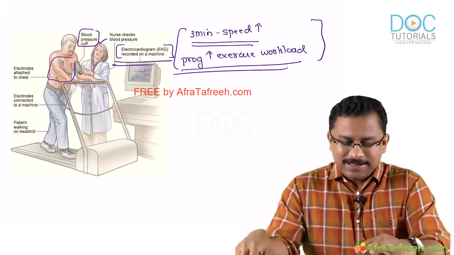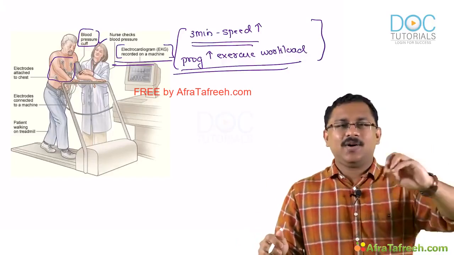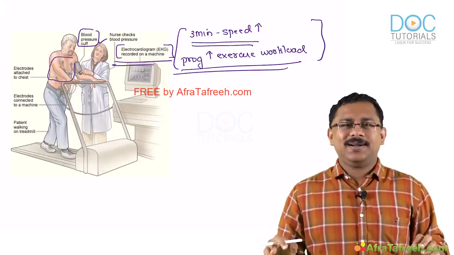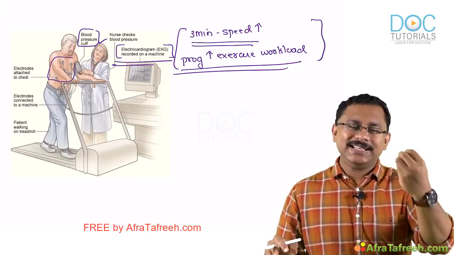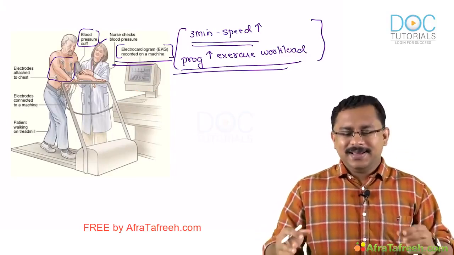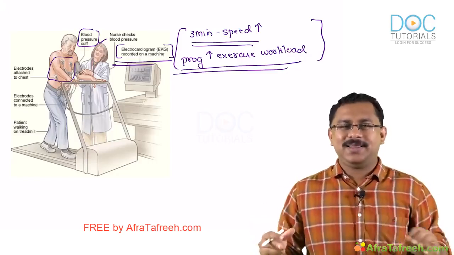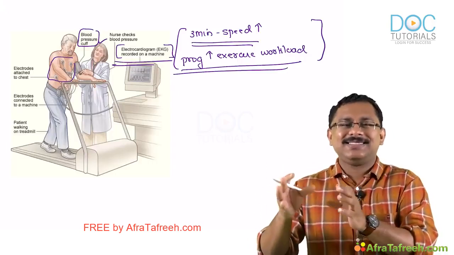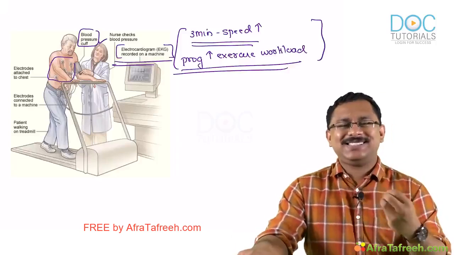I told you the speed is increased every 3 minutes, and you are recording the ECG. And what are you looking for? The doctor on duty has to check the ECG being recorded and see whether any ischemic change is developing in the patient. How are you going to check for the ischemic changes? I'll come to that. But let me ask you a simple question.